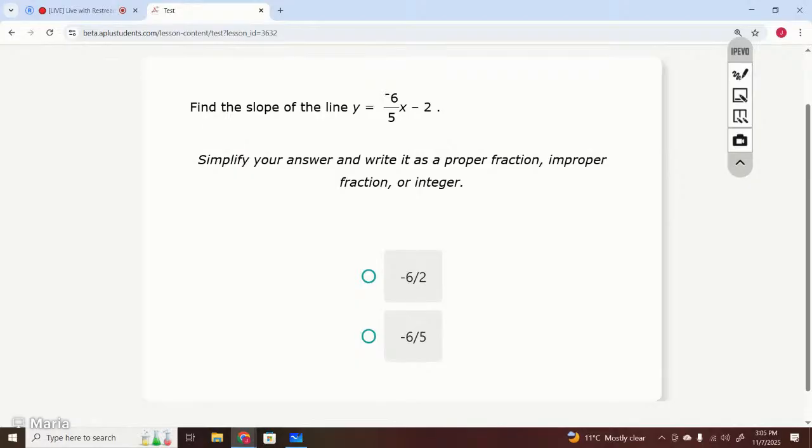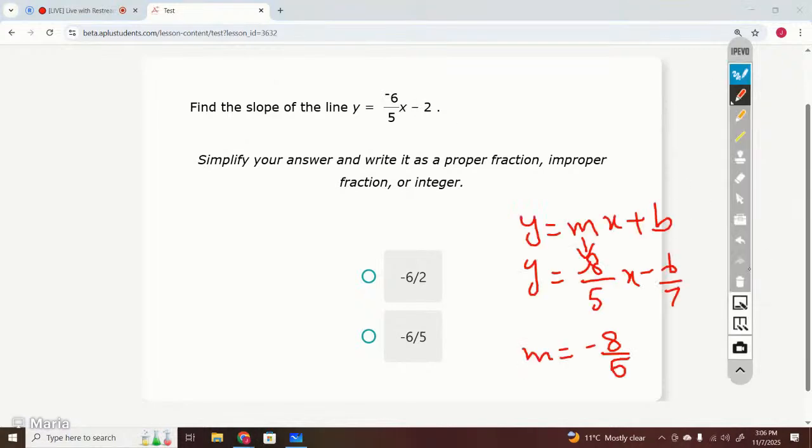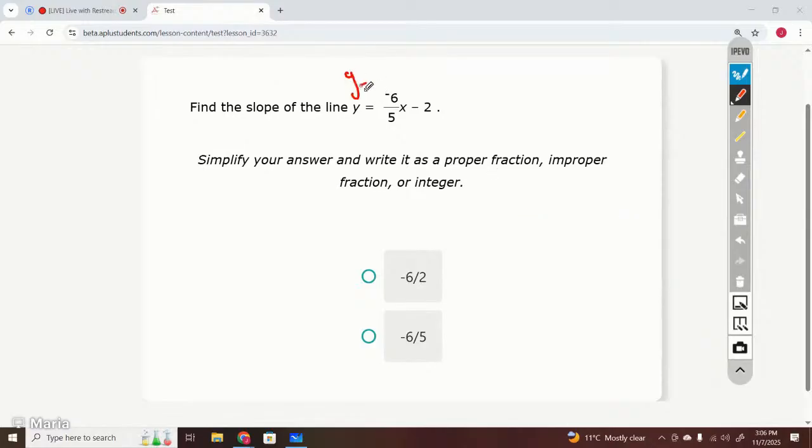Find the slope of the line y equals negative 6 by 5x minus 2. So m equals negative 6 by 5, right? The coefficient of x is the slope. You just have to compare the equations y equals mx plus b. So see, the coefficient of x is the slope.